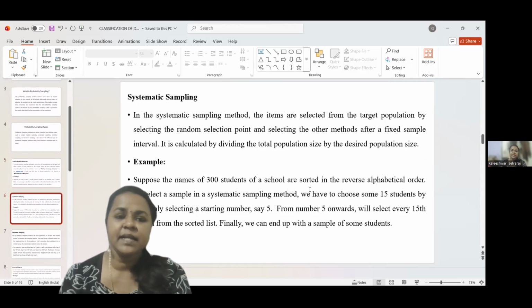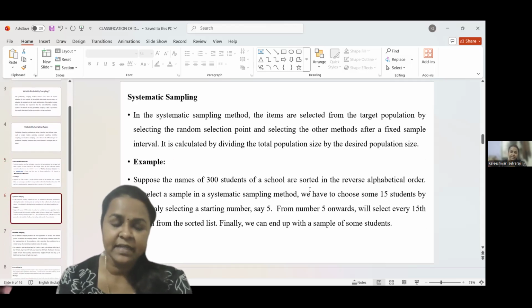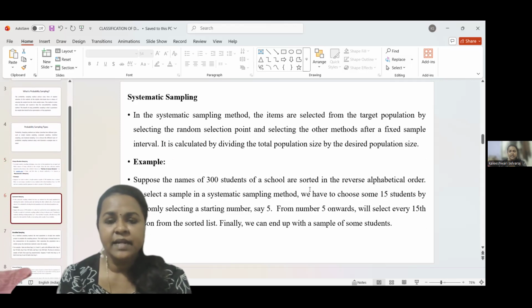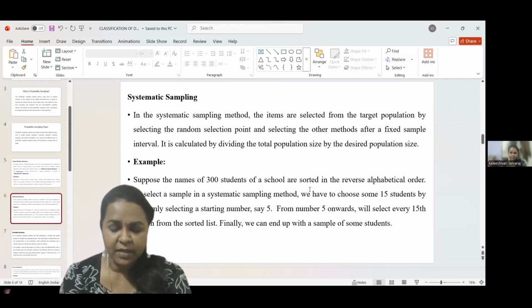Then comes the systematic sampling method under the probability sampling technique. This is another method where the items are selected from the target population by selecting a random starting point and then selecting every item at a fixed interval. It is calculated by dividing the entire population size by the desired sample size. For example, suppose the names of the 300 students of a school are sorted in reverse alphabetical order, and you want to select a sample using the systematic sampling method, then we choose every 15th student by randomly selecting a starting number, say 5.